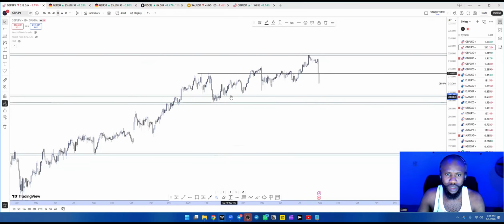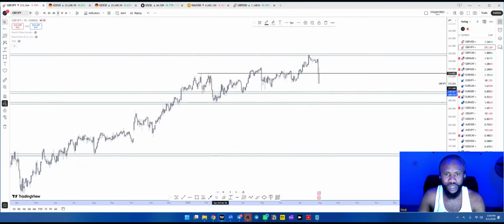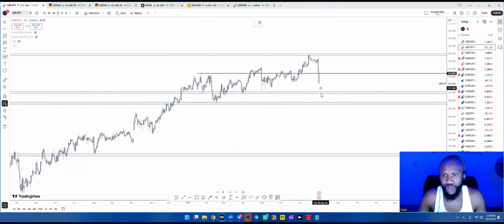We have support here, support here, support that turned into resistance that turned into support, then a support here. So price is coming back to this level, which is here. I'm expecting this, so let me scale down to the 4-hour time frame.